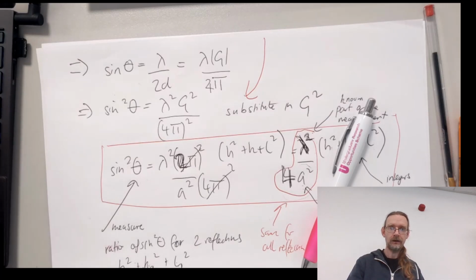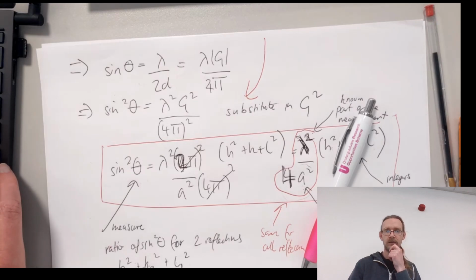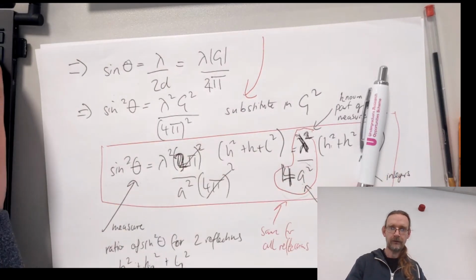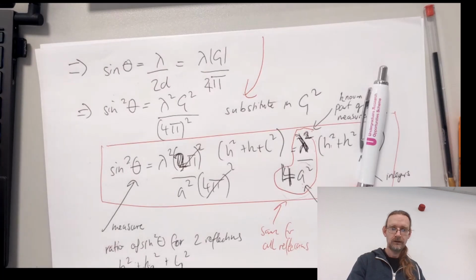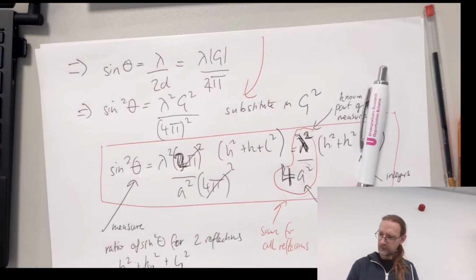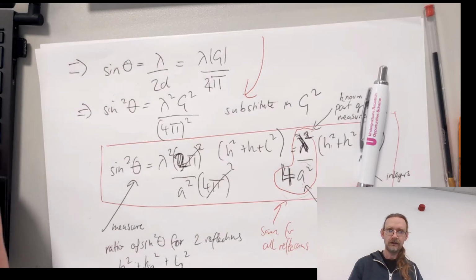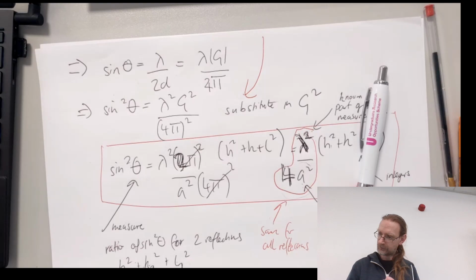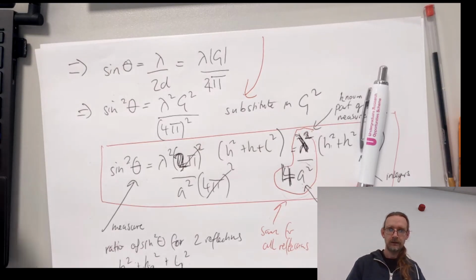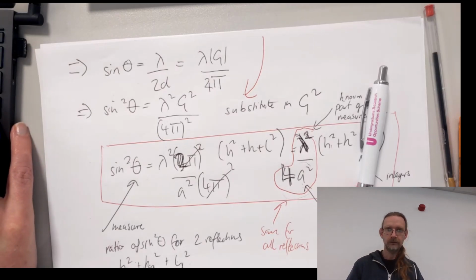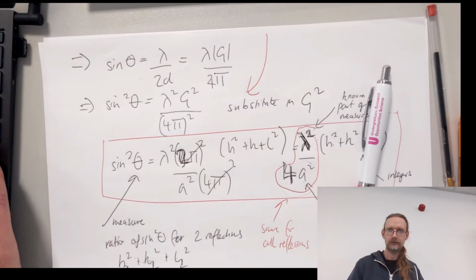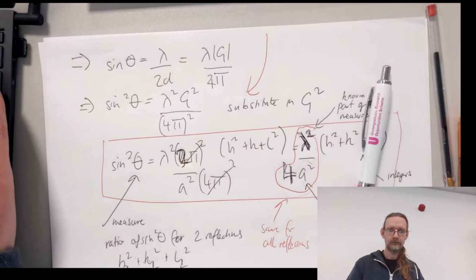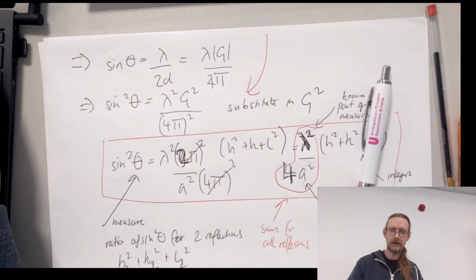So if lambda equals 0.154 nanometers, what I should get is 0.154 squared divided by sine squared theta, divided by 4, that should be equal to a squared. And then a should be equal to the square root of that.